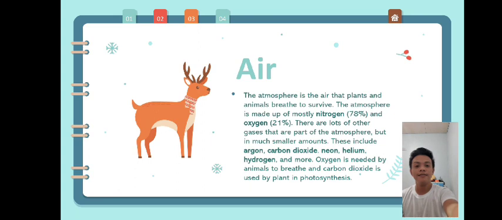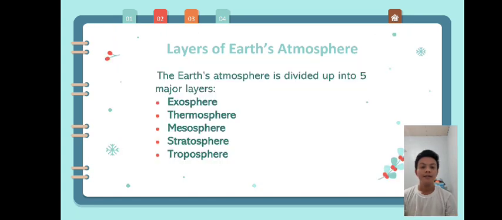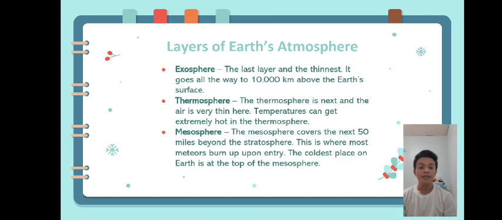So next is the layers of Earth's atmosphere. The Earth's atmosphere is divided up into 5 layers. These are the exosphere, thermosphere, mesosphere, stratosphere, and troposphere. Let's proceed to the exosphere.